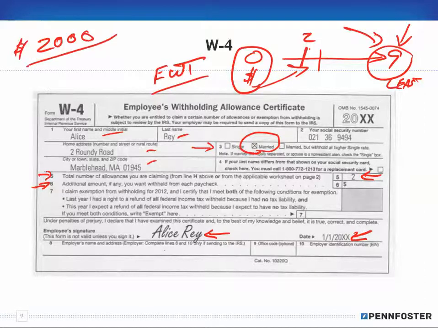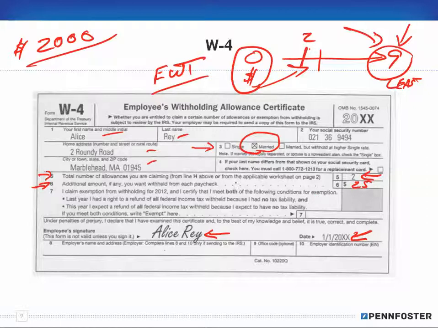But they're going to pay you the full $2,000 and they're not going to withhold anything from it. Well, if you know that's going to happen during the course of the year, you might say to yourself, well, maybe I'll have an extra $25 withheld every single paycheck, okay?